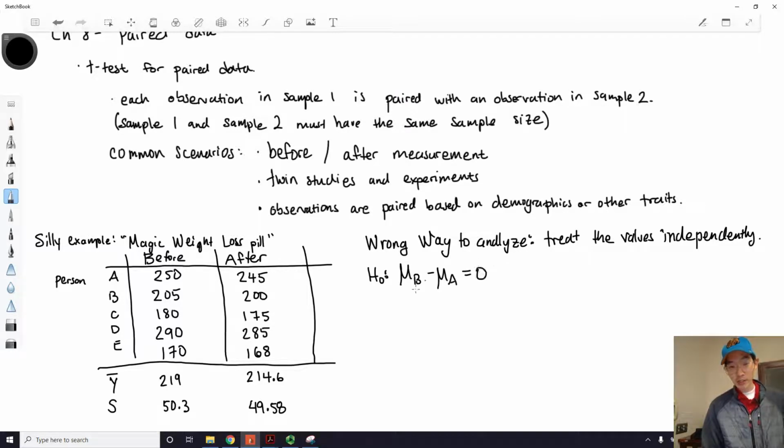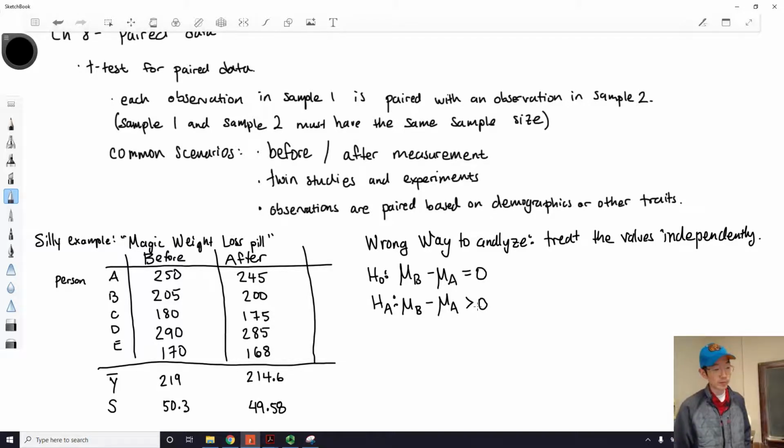The null hypothesis is that there's no difference between the before mean and the after mean, and the alternative, we want to see if the after weighs less than the before. So we want to see if this change is positive, before minus the after.